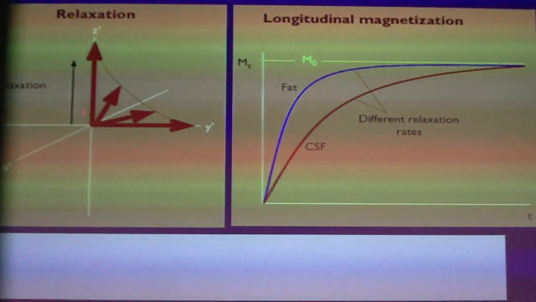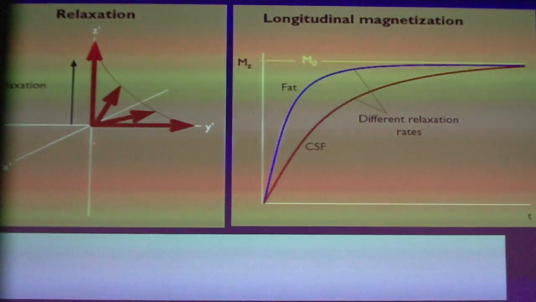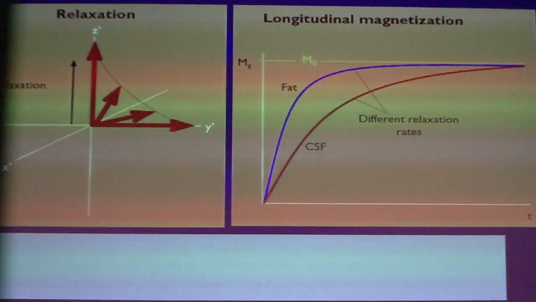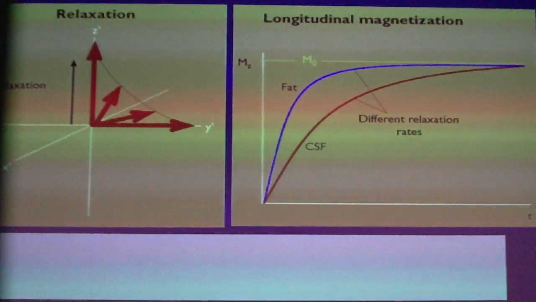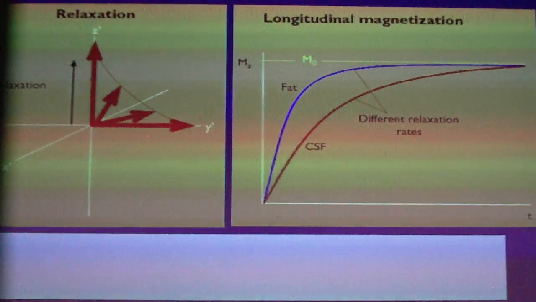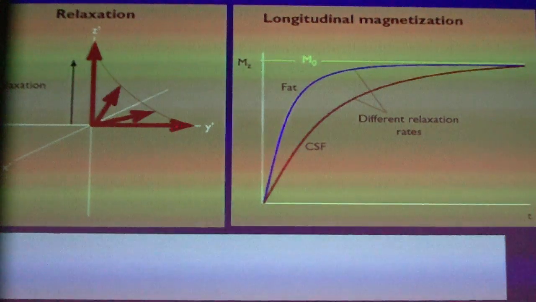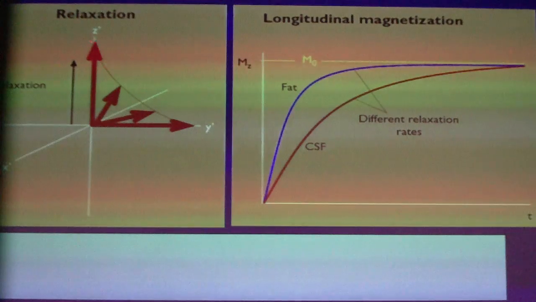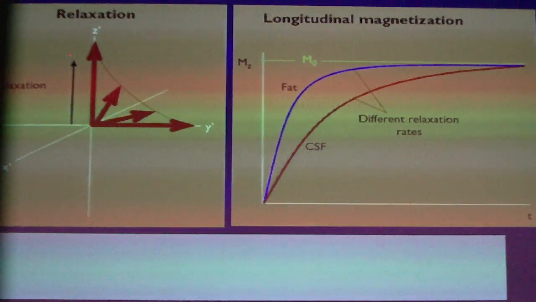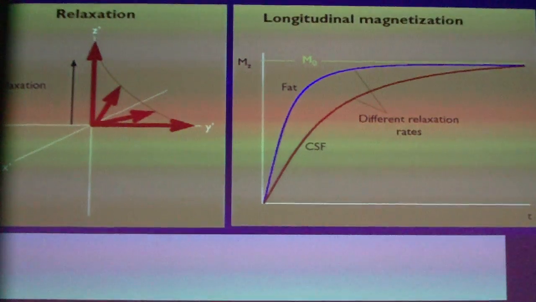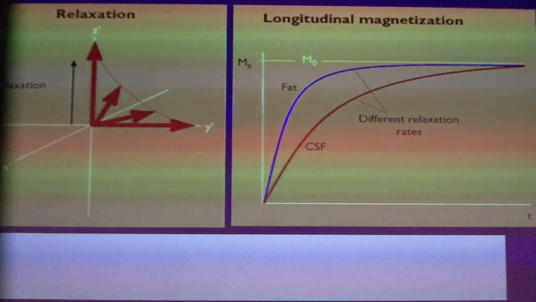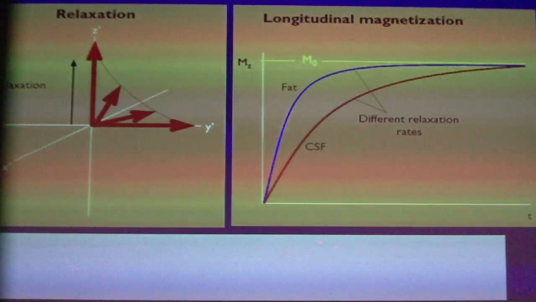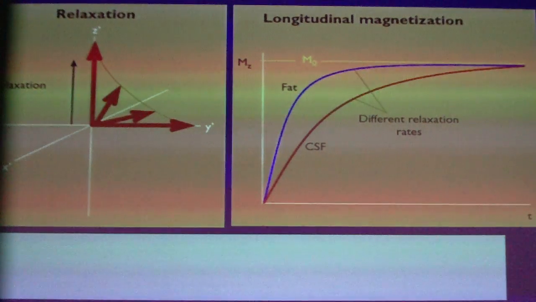It also means that energy is actually dissipated in this process. Okay, so if you look at it this way, that's the direction of the main magnetic field. You tilted it in this plane, with the precessing magnetization here. When we stop the pulse, it will return back to the equilibrium position. And if you now look at this relaxation in different tissues, you see that it differs.